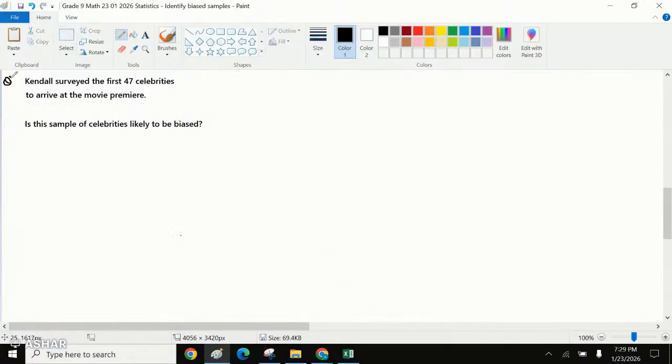If they are specifying that they did the first 47 celebrities, and they did not do any more celebrities after 47, then they are using a bias over here. Is it likely to be biased? Yes, this sample is likely to be biased.